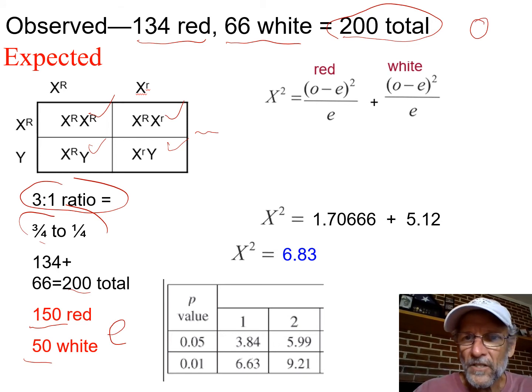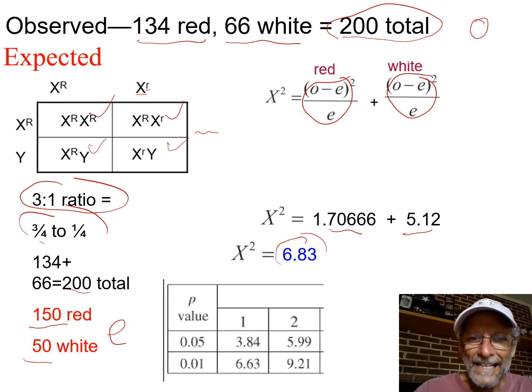When you plug them into this formula, if you do the math right, you get these numbers for that calculation, these numbers for that calculation, this total number, and then you go to this table, if you remember, and look how your number compares to some number in this table. Which number? Well, that depends on two things.